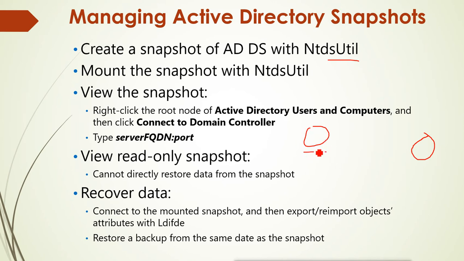But if you want, then we can do the recovery of objects from there. But it is not recommended, it is not like the recovery of the backup. We can recover the user's information from there by using the LDIF file, LDIF command, and we can do it, but it is not like a full backup.